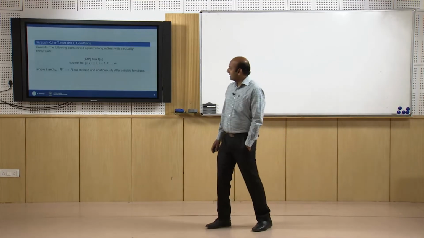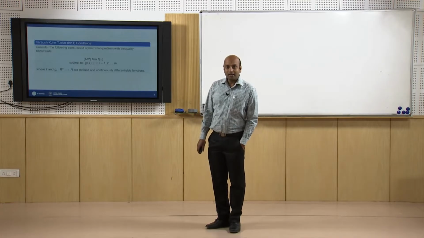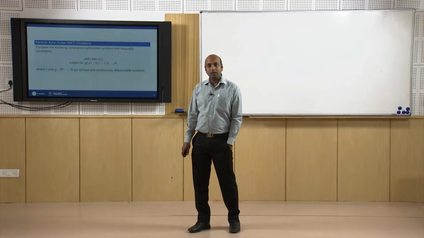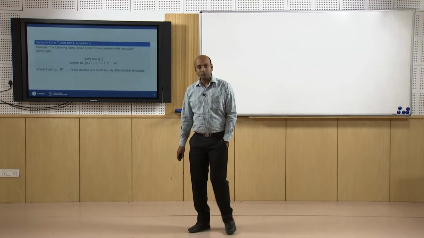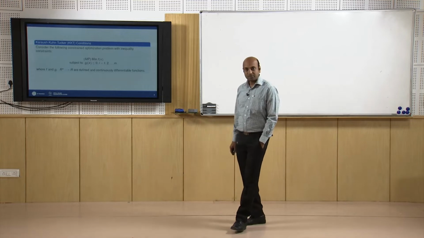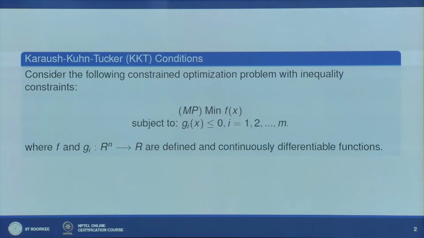If we have equality type constraints, then we use the Lagrange multiplier method to find the optimal solution of that type of problems. But if we have constrained optimization with inequality type constraints, then we use Karush-Kuhn-Tucker conditions to find optimal solutions of such problems.